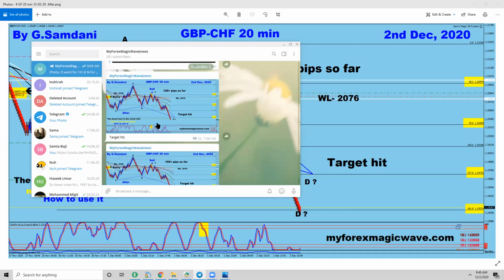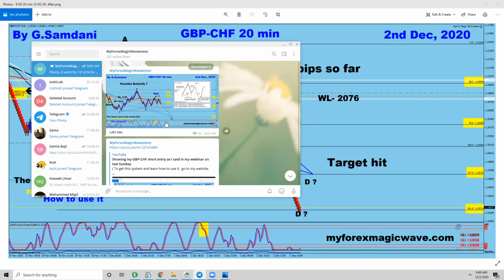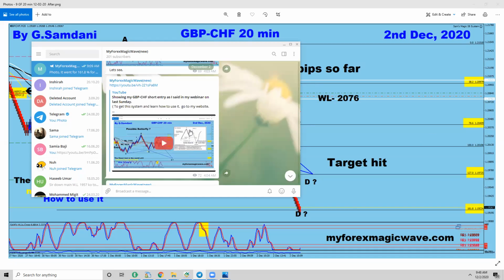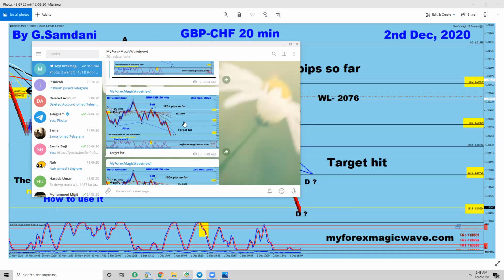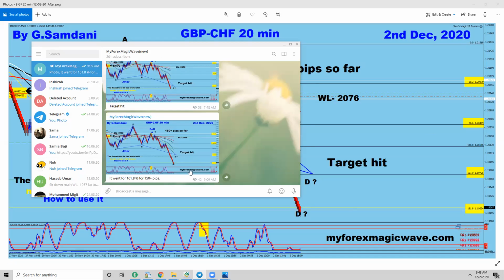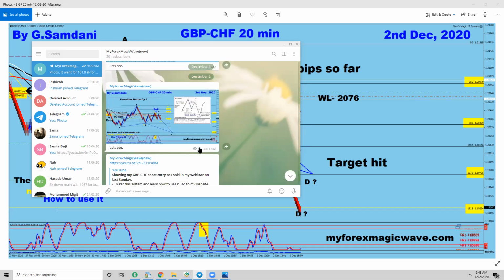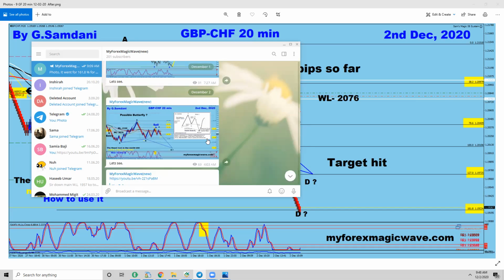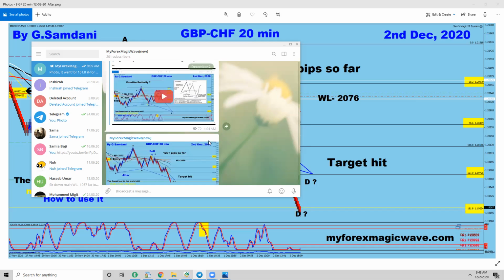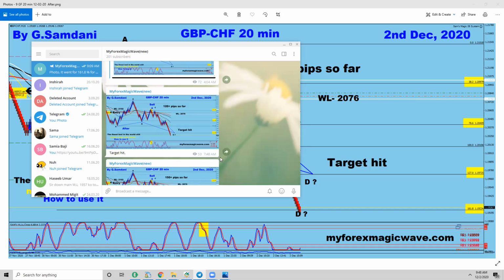So you see that I not only posted the chart, the video that I made yesterday, on my Telegram, and then the first 127 level, and then hitting the 161%, and that's how I post. I even post a lot of heads up here before the trade, and after the trade as well. Keep in touch with my subscribers and helping them out. So this is how it is, right?